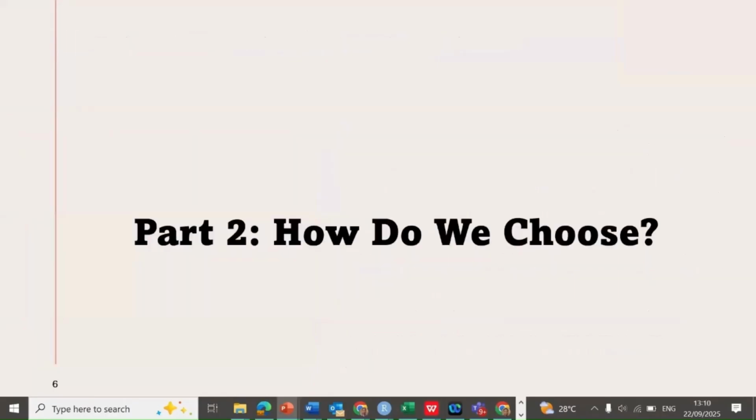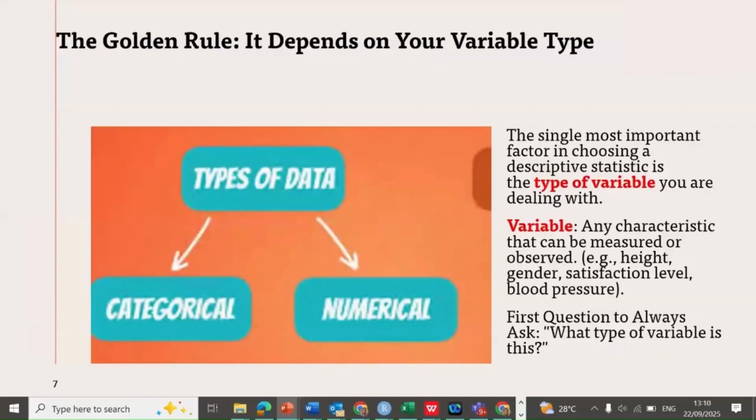Now we go to how do we choose? The golden rule for your choice of what kind of descriptive statistics to apply to your data is completely dependent on the type of variable that you're trying to describe.